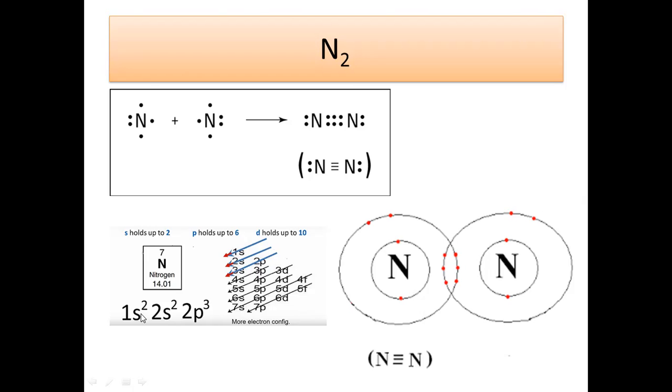These two are the paired electrons, and there are three unpaired electrons, and to complete the octet of one nitrogen it needs three more electrons, and similarly the other nitrogen needs three more electrons to complete its octet.